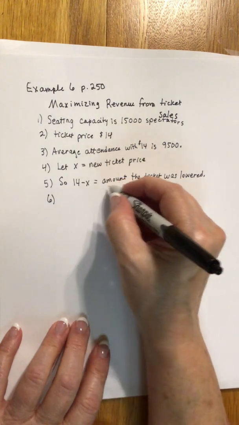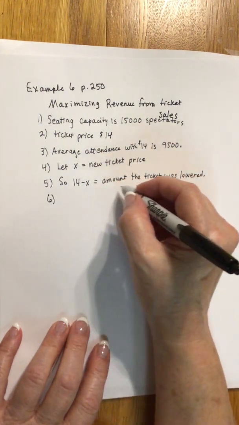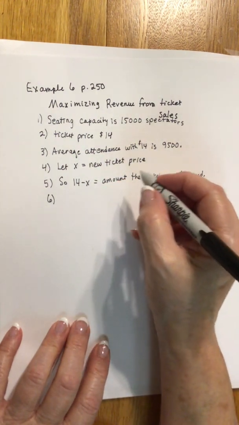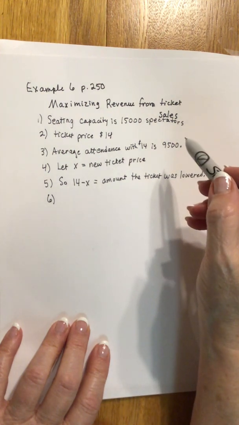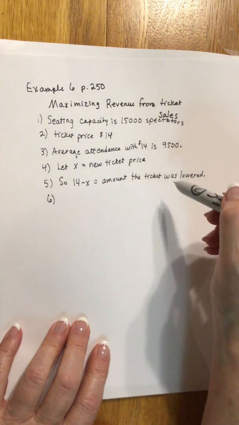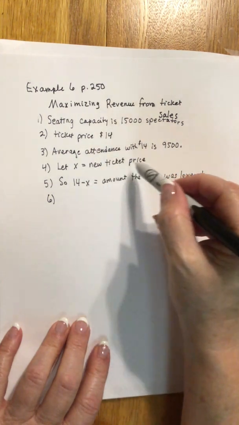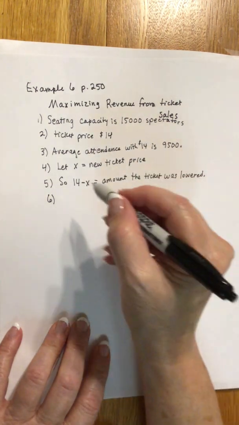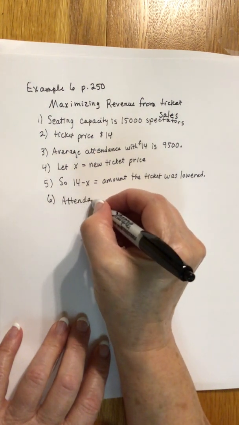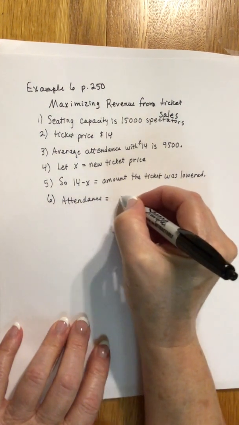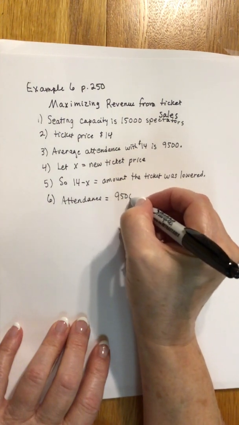So this is the amount that the ticket was lowered. Okay, so 14 minus X is the amount the ticket was lowered. X is the new ticket price. So our attendance is going to be the 9,500.